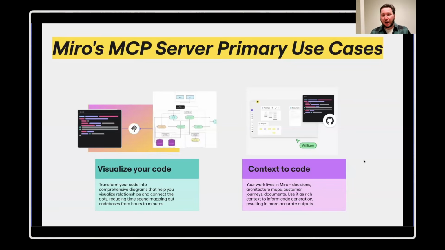Now, our two primary use cases that we released the MCP Server with are connected to engineering, are connected to coding. I hope that most of you here are interested in this. The first use case is about converting code into context that can be used with you, your team, for any planning that you're doing.